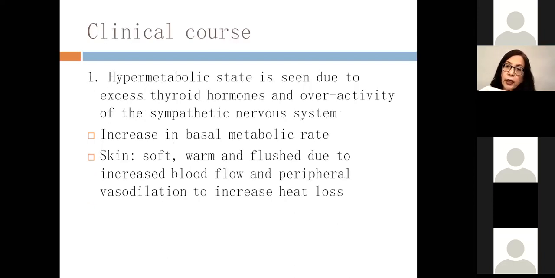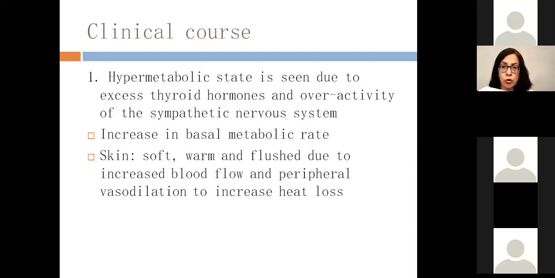In the clinical course of thyroid disorder, there is a hypermetabolic state due to excess thyroid hormones and overactivity of the sympathetic nervous system. There is an increase in basal metabolic rate. The skin is soft, warm and flushed due to increased blood flow and peripheral vasodilation to increase the heat loss. The patient feels hot.